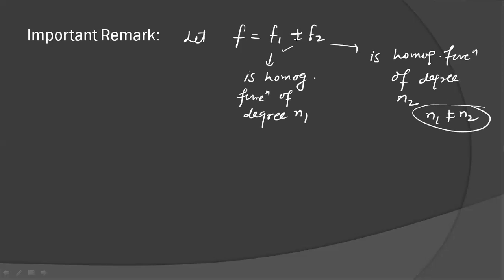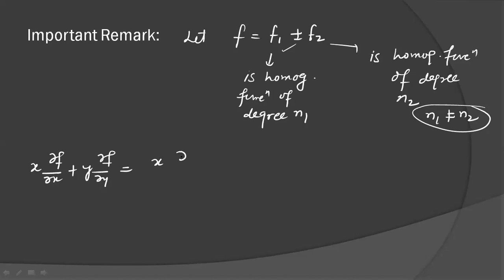But we can apply the homogeneous condition or Euler's theorem on f1 and f2 both, because both are homogeneous functions. So what will be x ∂f/∂x plus y ∂f/∂y?